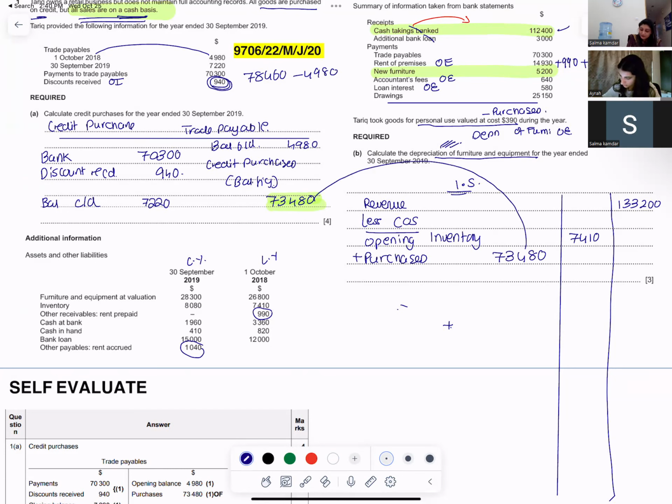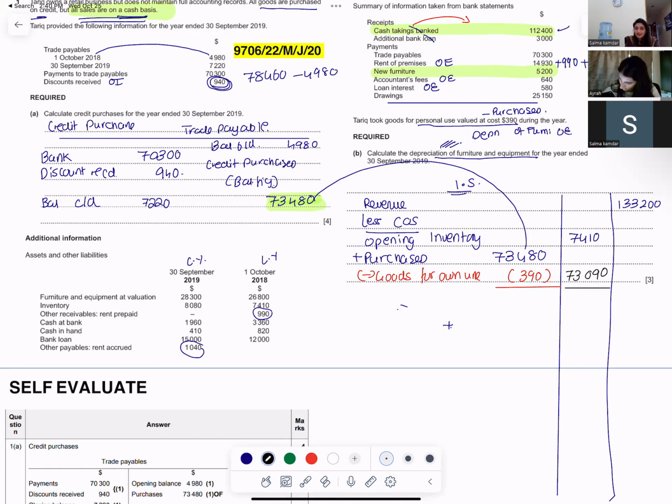In the purchases, you will do an adjustment. You will minus the drawings from it, goods for own use, 390. So what is your net amount of purchases? 73,000.